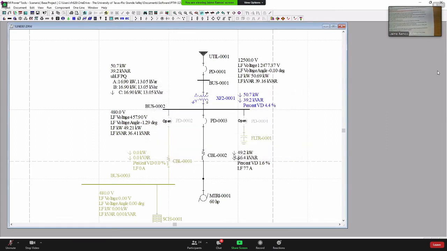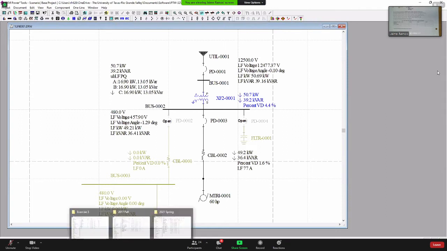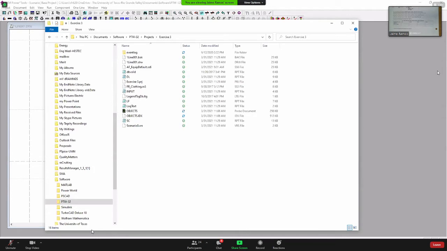Okay, and now I need to complete this table. DL, the load summary. Okay, so then I need to go to my directory path right here. And this is my path on top. Okay.